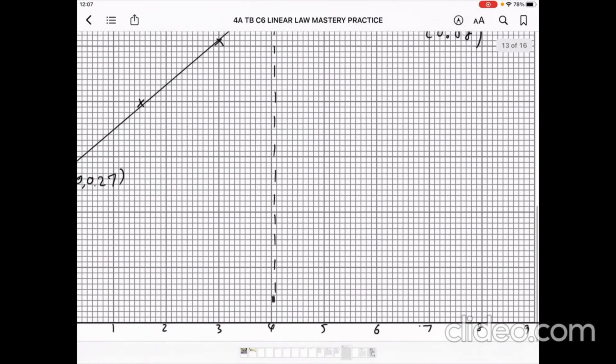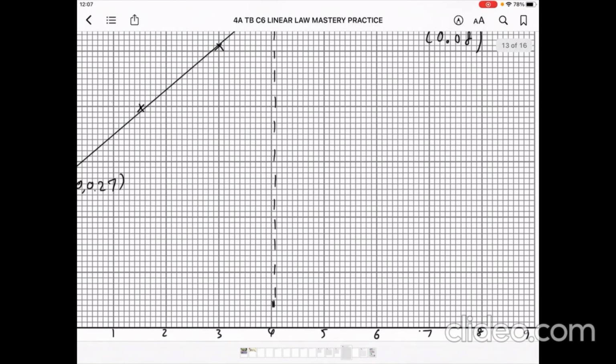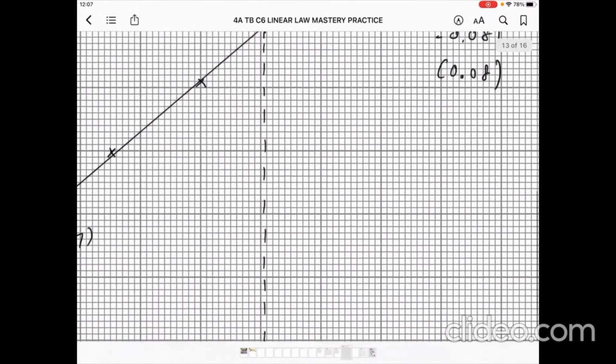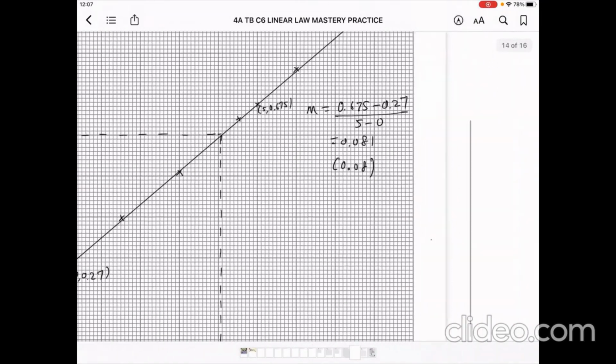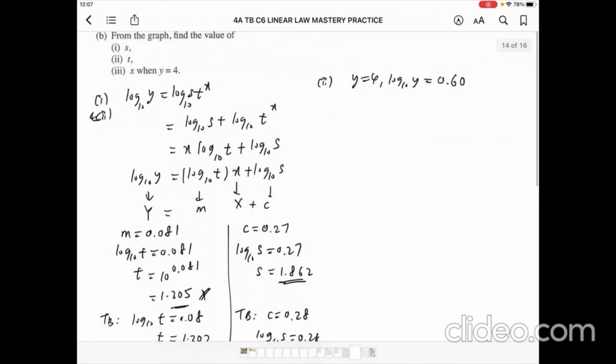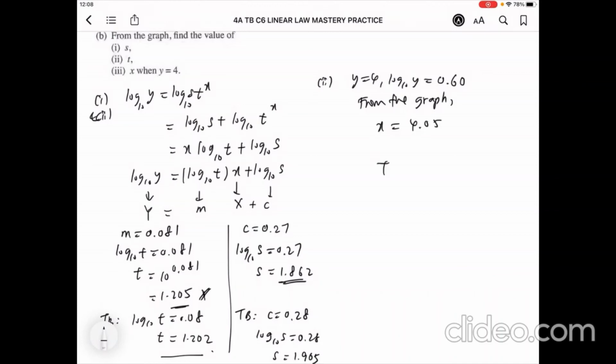So it looks like 4.05. Can you see? So from the graph, my x is 4.05. The textbook answer is 4.0, just 4. Either way is okay.